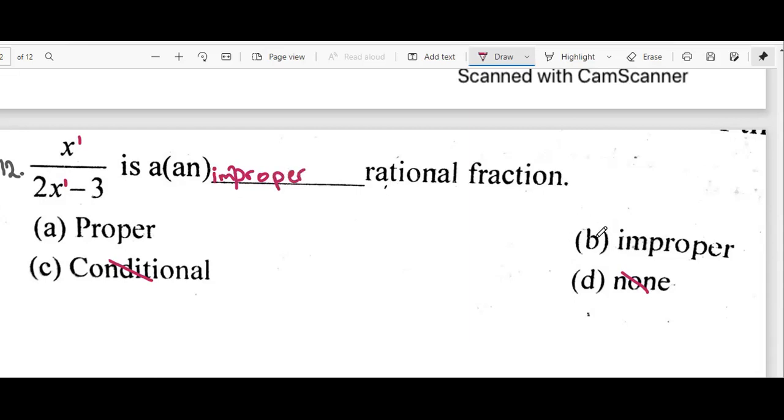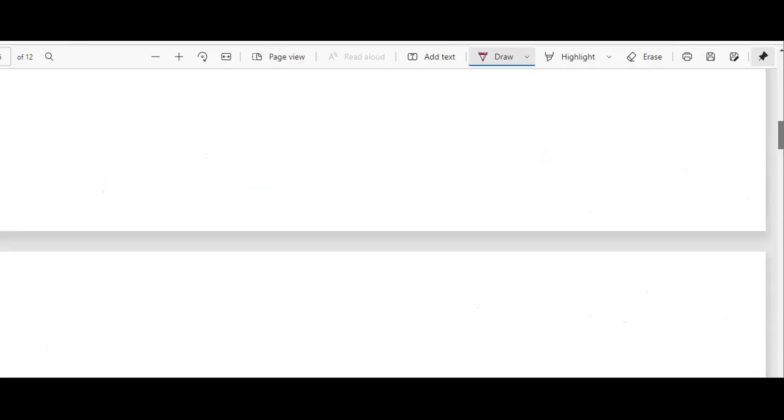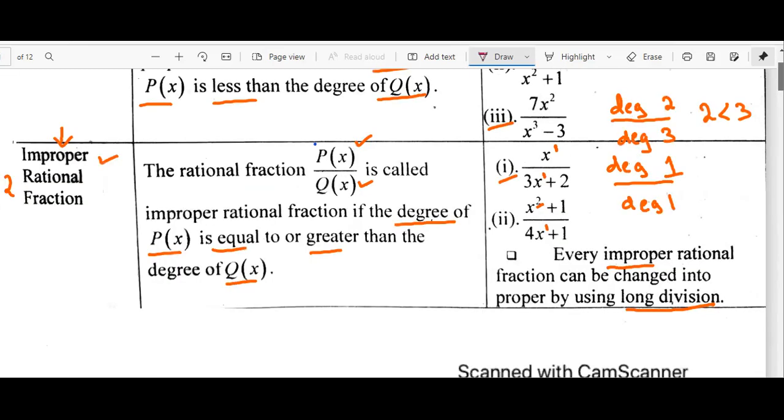So, B is the answer. We have discussed this very thing in the very beginning as well. Improper rational fractions, whenever the degree of p of x is equal to or greater than the degree of q of x, right? So in our example, the degrees were equal, hence it would be an improper rational fraction.